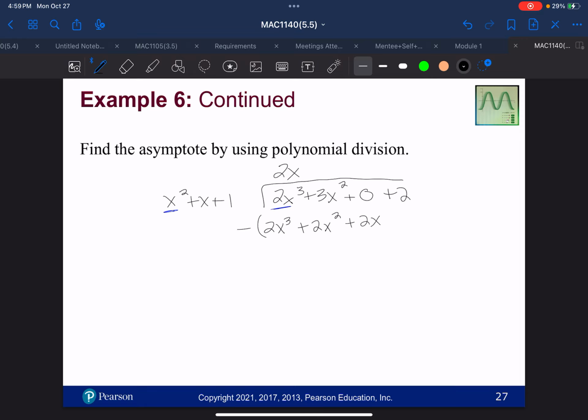And then I will subtract. So the 2x cubes will cancel. 3x squared minus 2x squared will give me 1x squared. 0 minus 2x will give me negative 2x. And then I will bring down the plus 2.